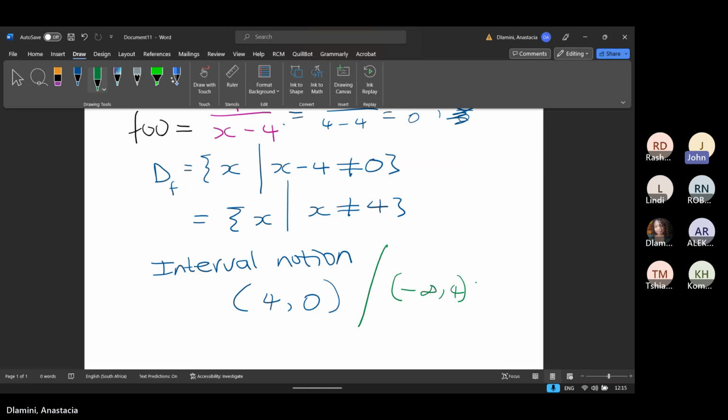A normal bracket, not the including bracket. Yes, that bracket is the right one. Okay, so this is fine. Union. Open bracket 4 to positive infinity.